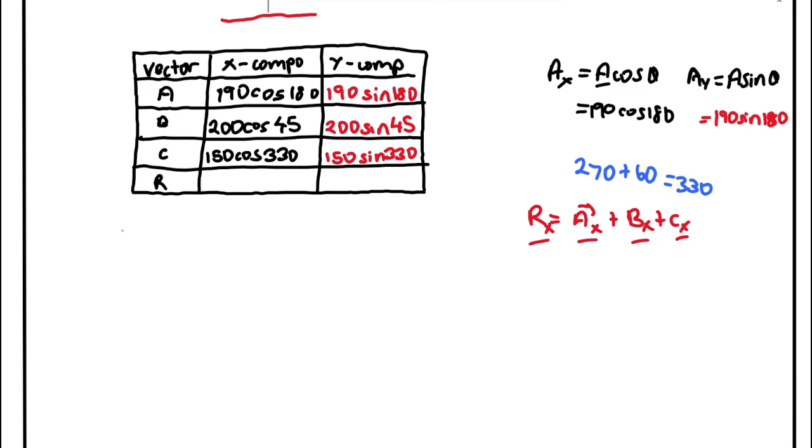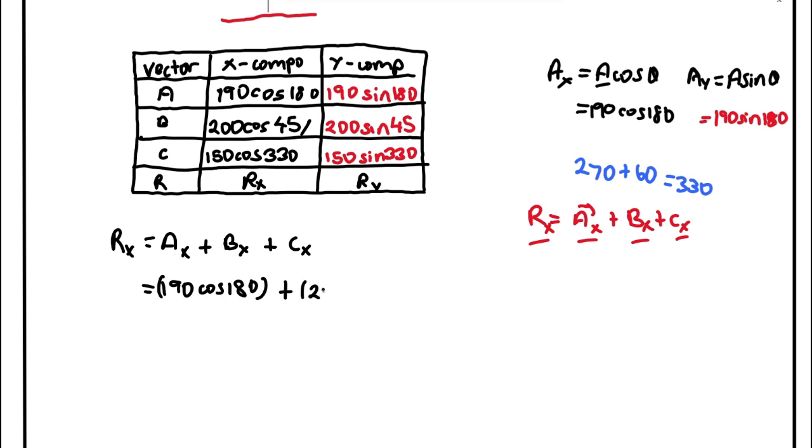So it's now Rx. Rx will be here, and this is our Ry. Rx is equal to Ax plus Bx plus Cx. Now, Ax is 190 cos 180. So we say 190 cos 180 plus Bx, which is 200 cos 45, plus Cx, which is 150 cos 330.